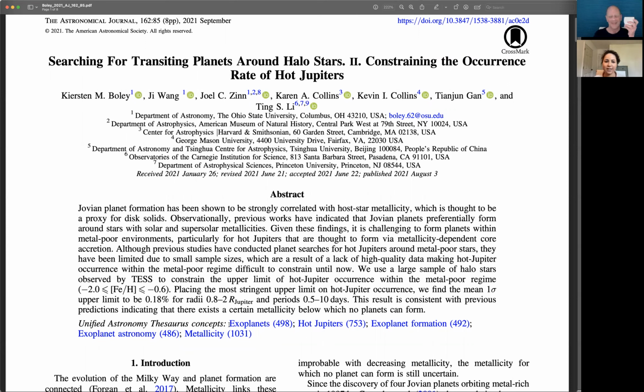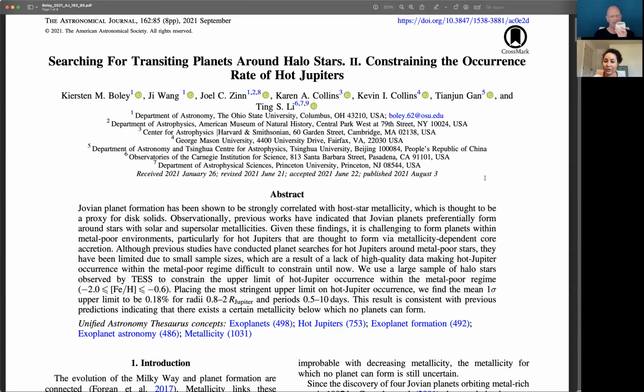So this paper was done by me and a whole bunch of my lovely collaborators. I work with Professor Ji Wang and Joel Zinn, who was a postdoc at the time at CfA. He's been great, as well as some other collaborators that really helped with some follow-up observations, which we'll get into in a little bit.